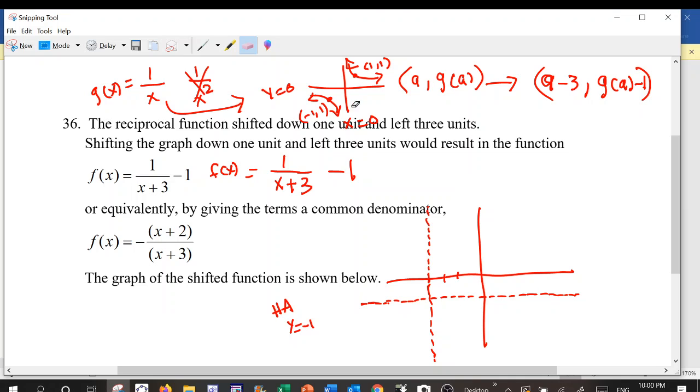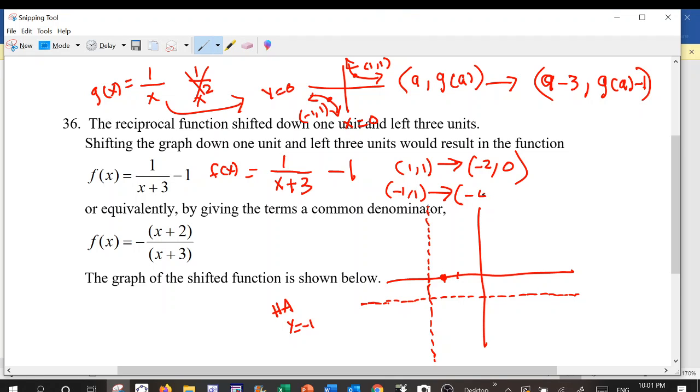Okay, and what happens with 1, 1? Well, 1, 1 goes to 1 minus 3 is negative 2. 1 minus 1 is 0. So negative 2, 0. Right here. Right? That's where it goes, right? And where does negative 1, 1 go? Negative 1, 1 goes to, what's negative 1 minus 3?